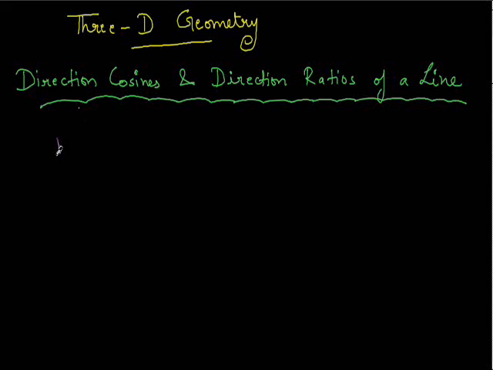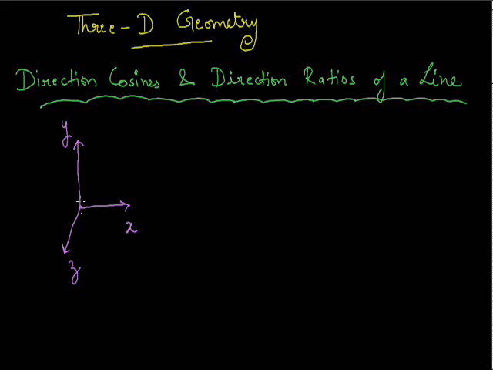We are talking about three-dimensional geometry. That is, here we have three dimensions, namely x-axis, y-axis, and the third dimension, which is perpendicular to both x and y-axis, called as z-axis.